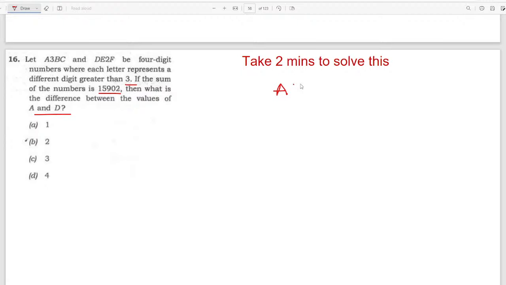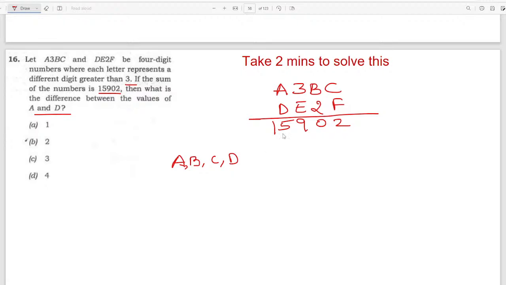A, 3, B, C, D, E, 2, F. So it's 2, 0, 9, 5, and 1. And they are saying these digits, that is A, B, C, D, E, F.